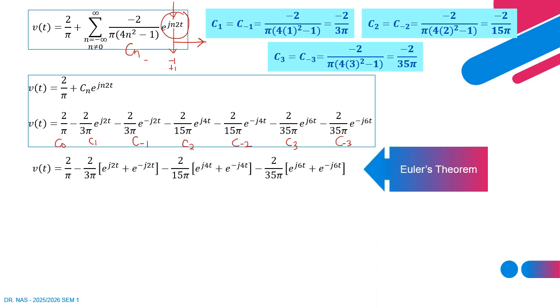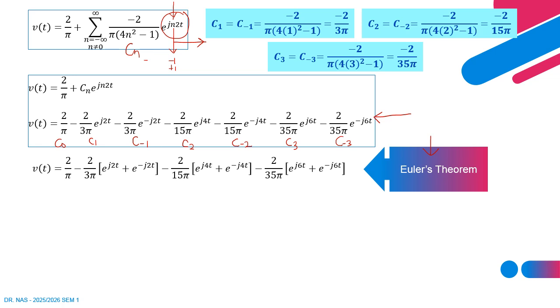Now you already have the equation. From the coefficients table, you can develop the exponential Fourier series equation. To answer the question and come up with the trigonometric equation, you need to convert your exponential form into trigonometric form by using Euler's theorem.